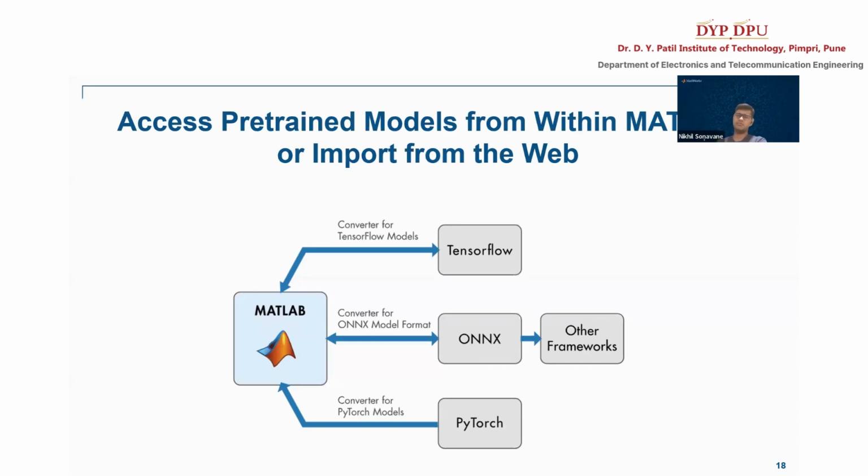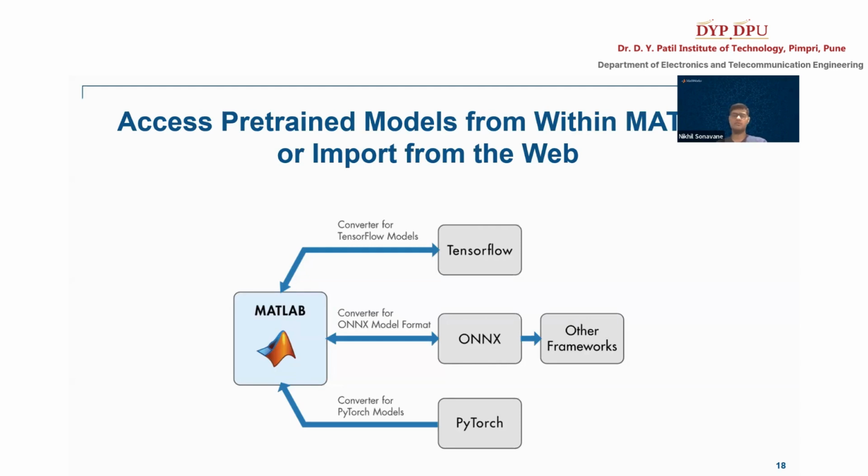We can bring a model from TensorFlow directly to MATLAB, or from MATLAB to TensorFlow, or through to PyTorch, or vice versa. And if you're looking into some other platforms, then there is something called the ONNX framework. Through this framework, you can take it to some other platforms also, and that's where we talk about interoperability of the models and the tools.